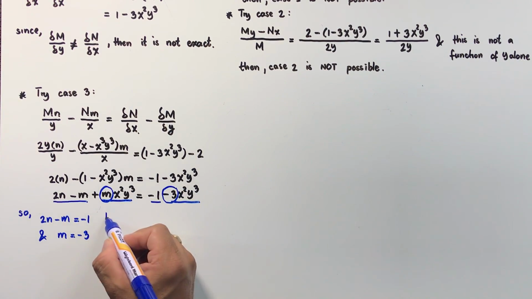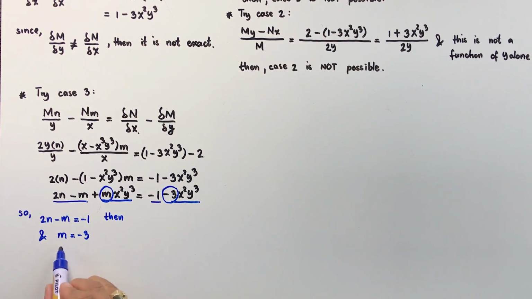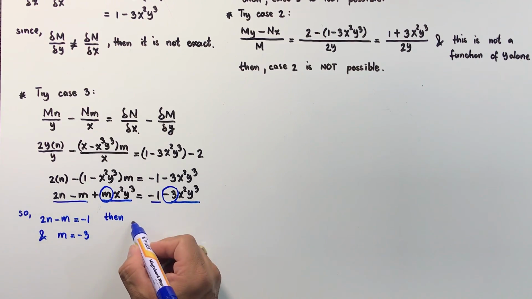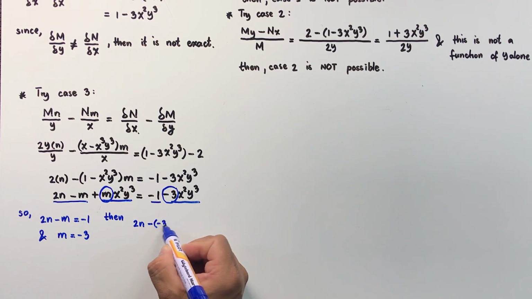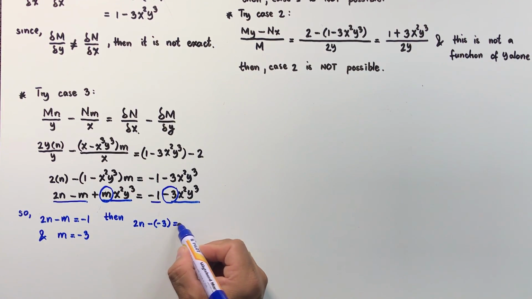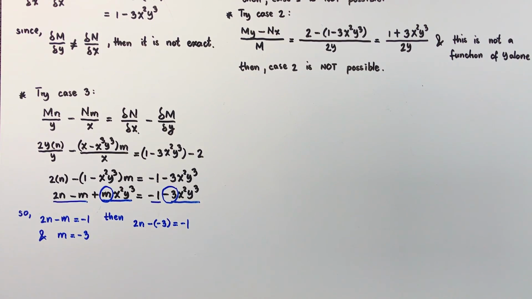So substituting our value of m in this first equation, we have 2n minus m, which is minus 3, is equal to negative 1. So 2n plus 3 is equal to negative 1. So 2n is equal to negative 1 minus 3. Therefore, n is equal to negative 4 over 2.